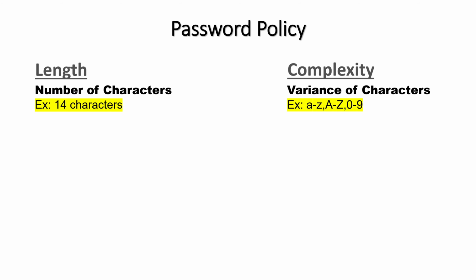There are two main factors involved in producing an effectively secure password: length and complexity. Length is the total number of characters that make up the password, and complexity is the variance of each character that makes up the password. For example, a password could be 14 characters long and be comprised of lowercase, uppercase, and digits, which demonstrates length and complexity respectively.